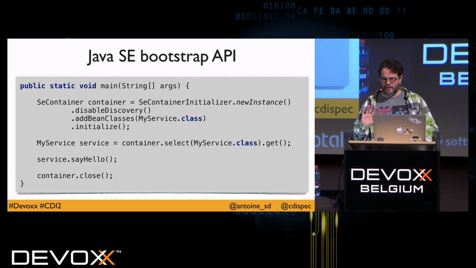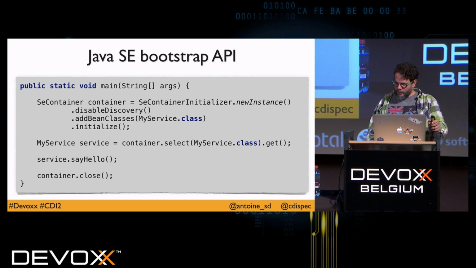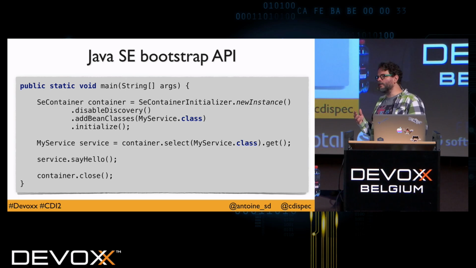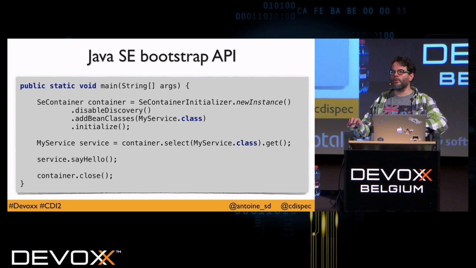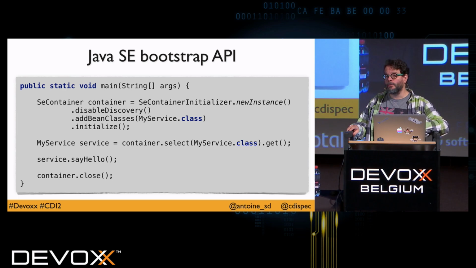It's not yet decided, but it's probably what we are going to do. So we have the SE container initializer here. We ask for a new instance with a static method. We have a builder pattern to configure the container.